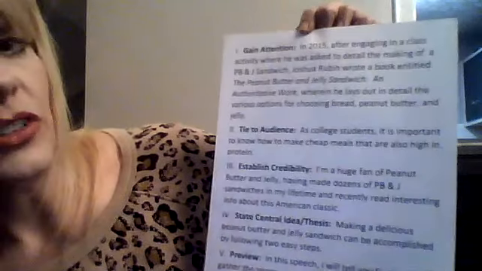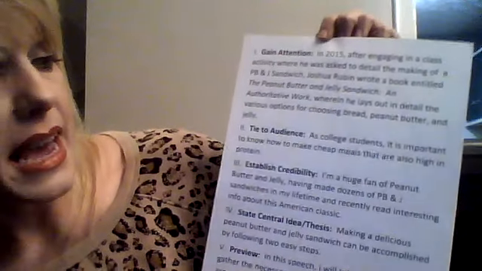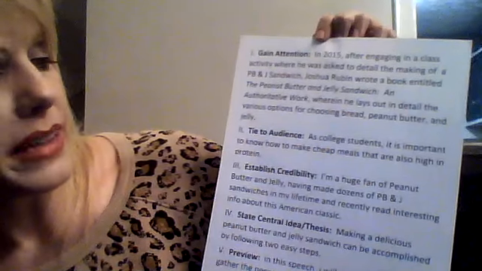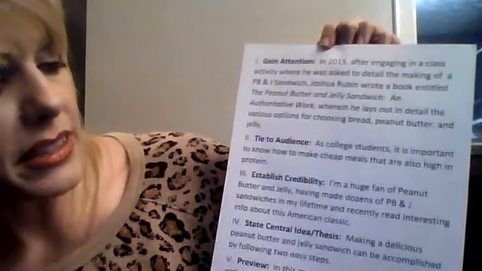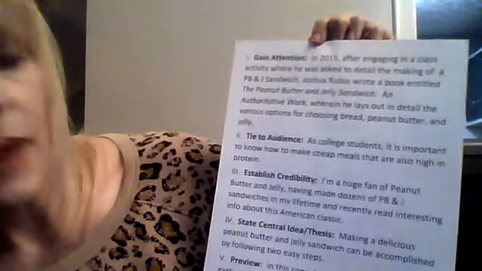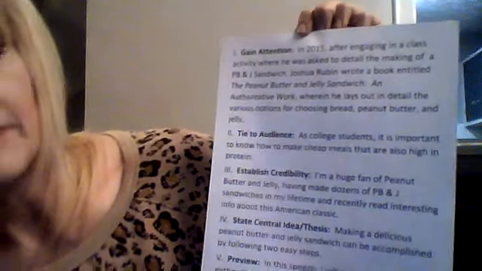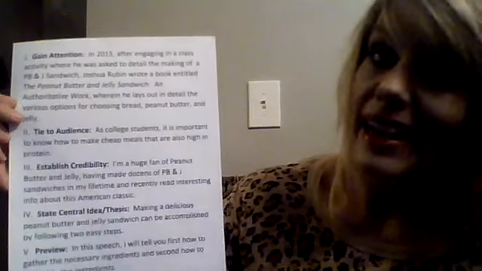Establish credibility. Why are you the person who should speak to us on this? I'm a huge fan of peanut butter and jelly, having made dozens of PB&J sandwiches in my lifetime, and recently read interesting info about this American classic. Okay. That's why you are the one who should be able to talk to us about how we can make this sandwich.